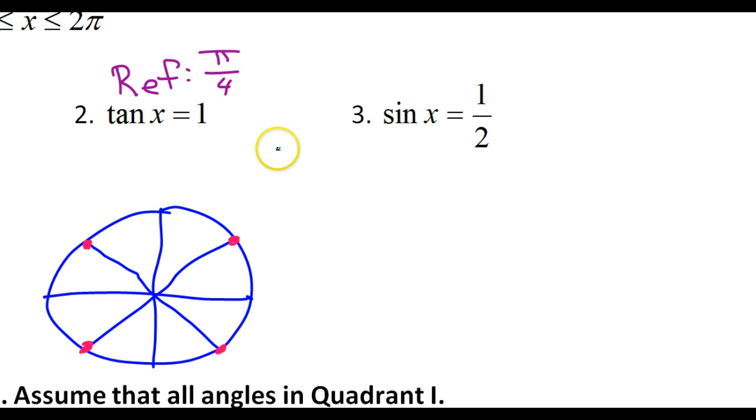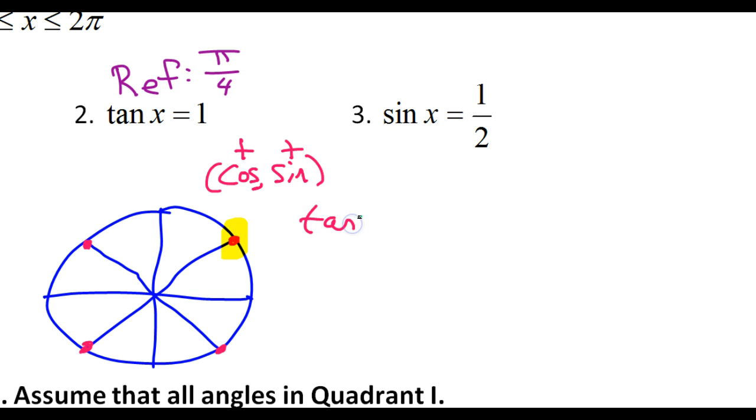Now, keeping in mind, again, that tangent is sine over cosine, it's easy to see that tangent is going to be positive here. Cosine and sine are like x values and y values, cosine, comma, sine. So in the first quadrant, cosine is positive and sine is positive.